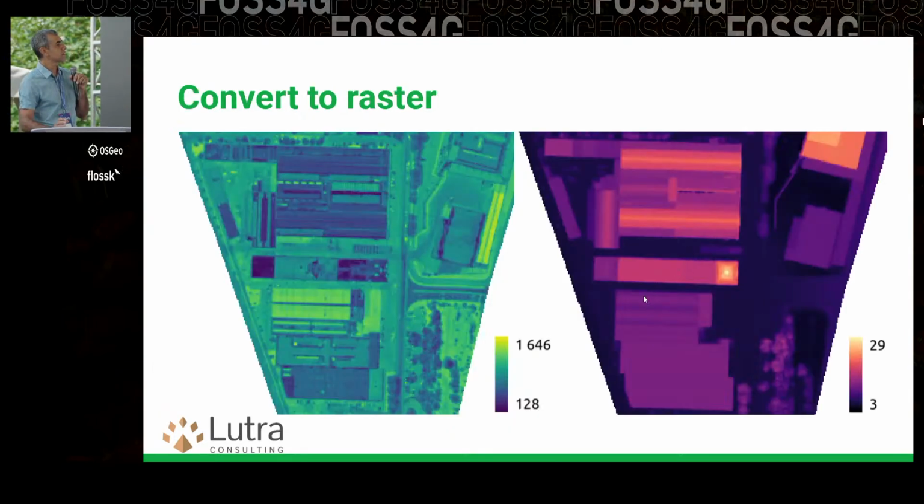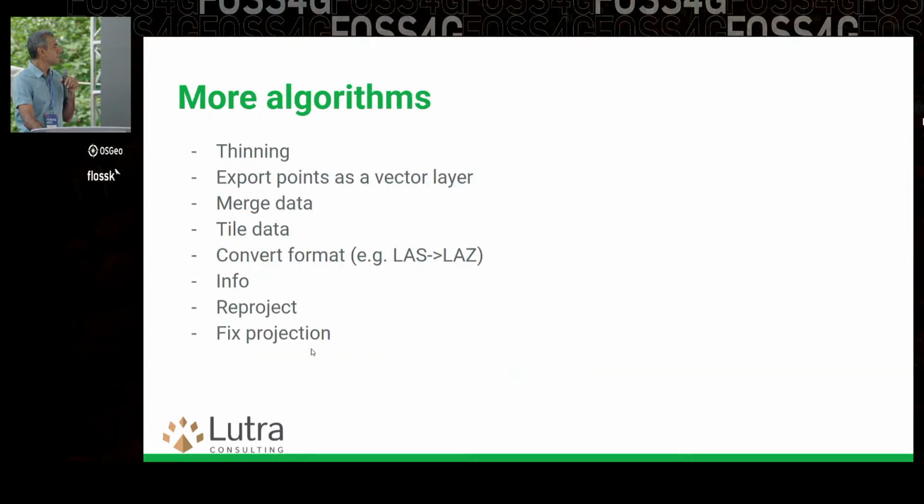And then the popular one is to export it to raster. So you can create elevation models out of your point cloud data. Yeah, and there are some others like thinning. So if you have a very large coverage of the point cloud and you want to have a resampled version to give an overview, you can create a thin version of that.